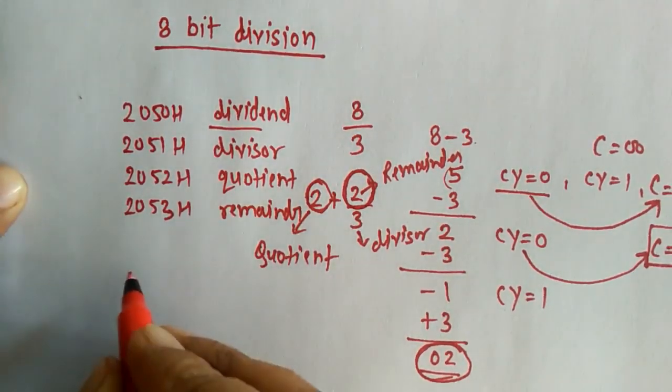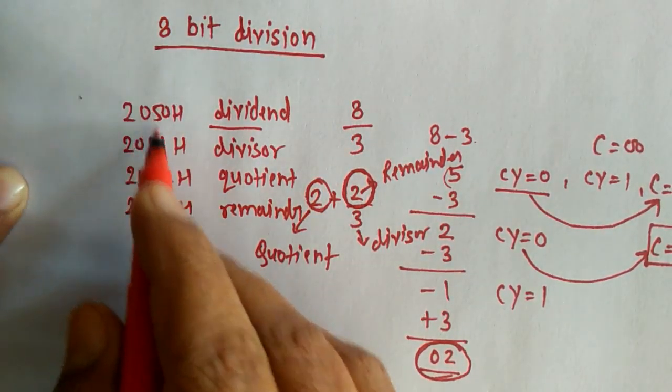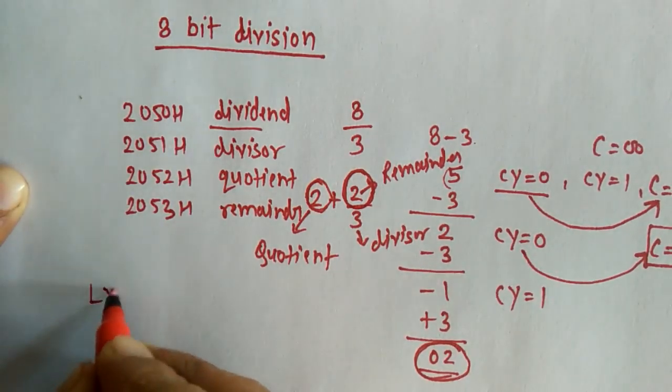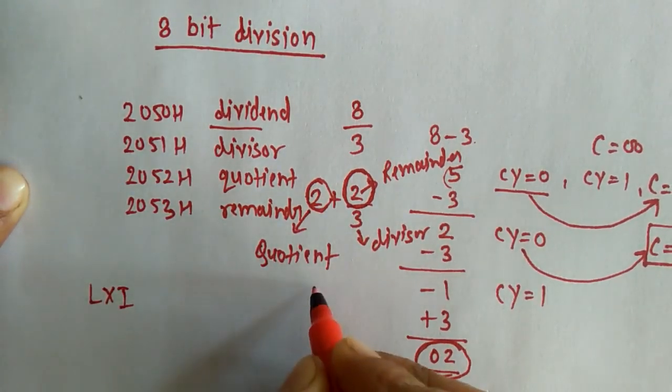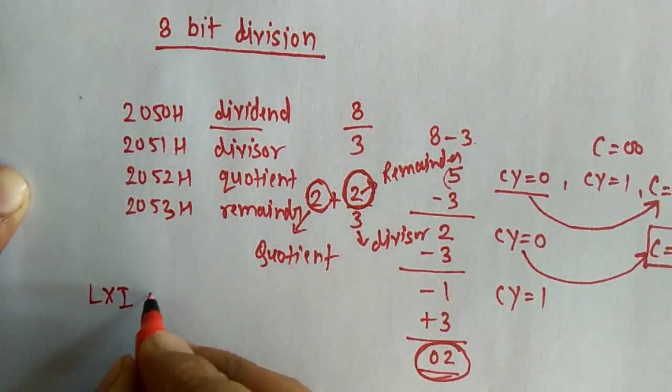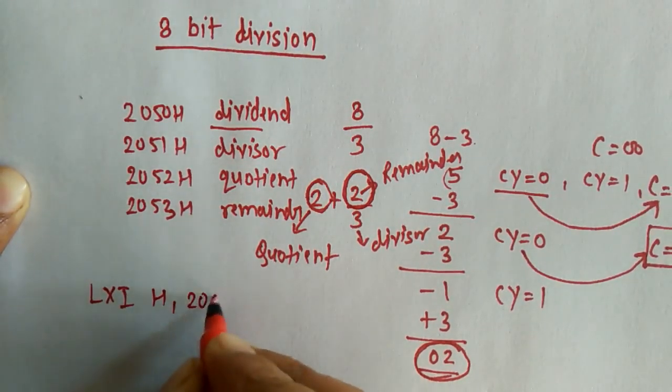And remember, when we have to access a set of memory locations, we use the instruction LXI instead of LDA. So that's why we will start this program with LXI H, 2050H.